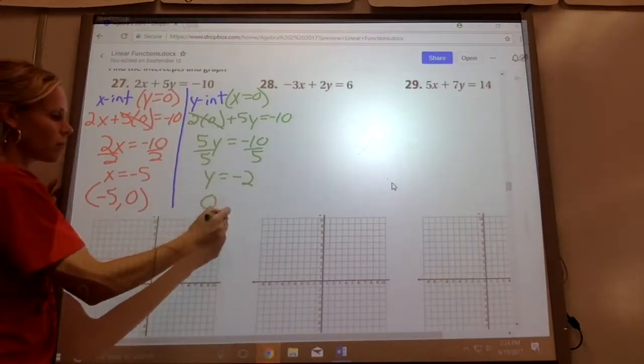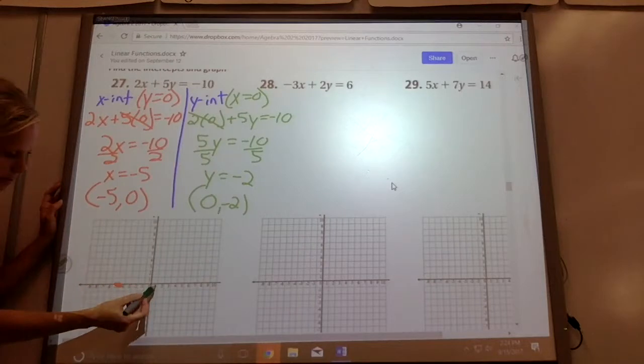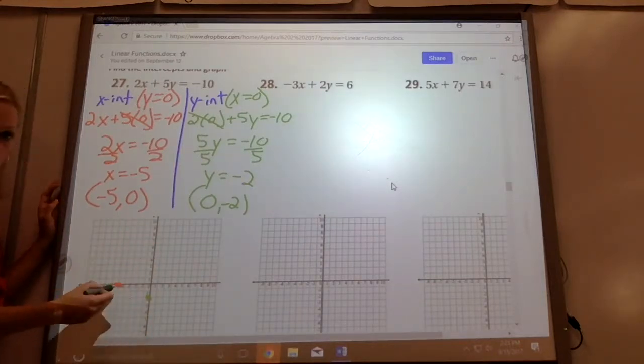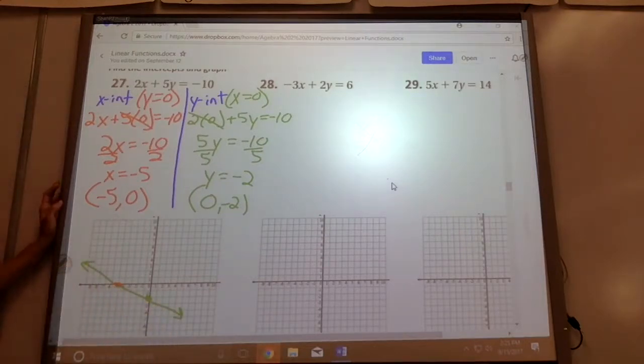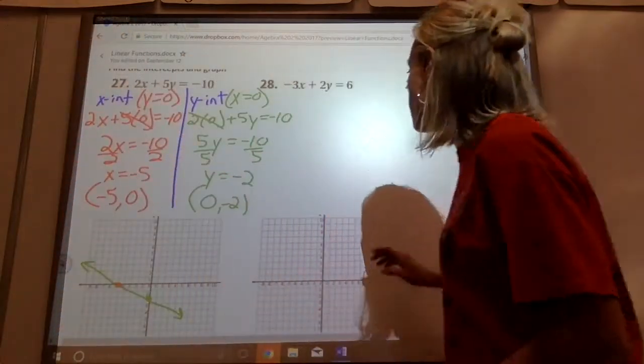So what's my point? 0, negative 2. And then I can graph that. 0, negative 2. It's crossing the y-axis. And those 2 points I can connect and graph my line. So you can graph your line slope-intercept form, but you can also do it by finding your intercepts. How about just one more of those, right? Let's do 29.